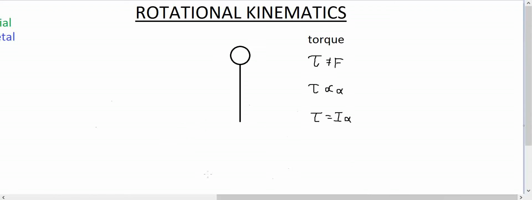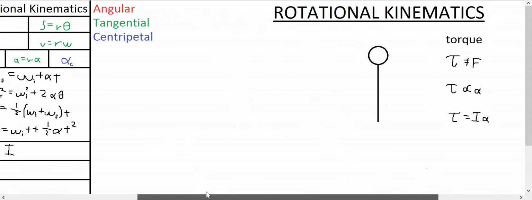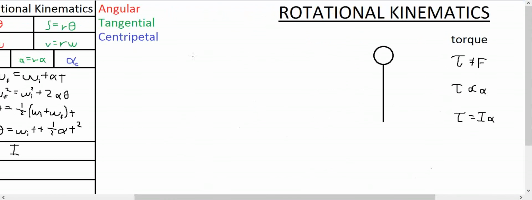It's bringing in something called work done. Work done, to refresh your memory, is equal to force times distance.